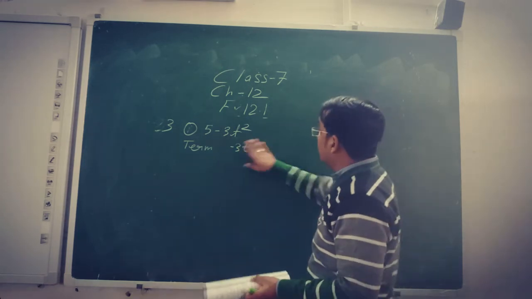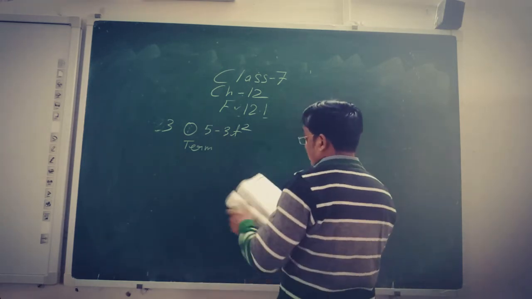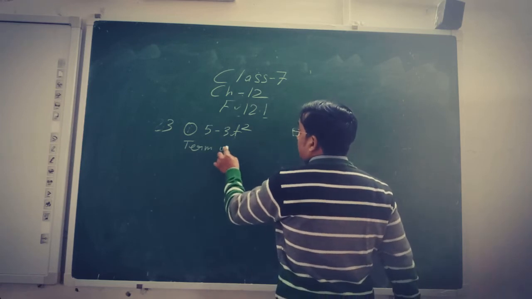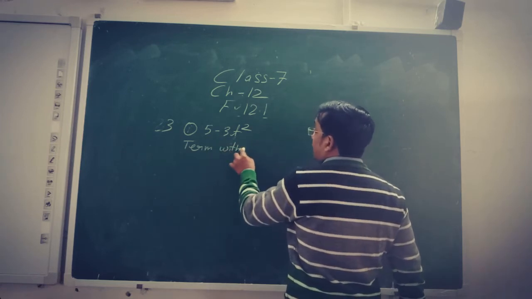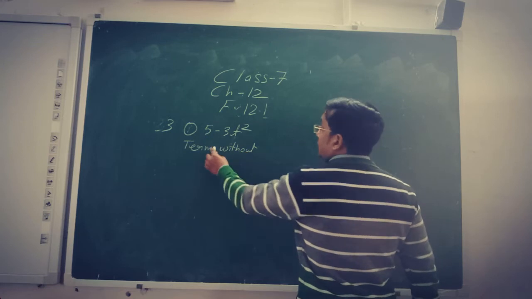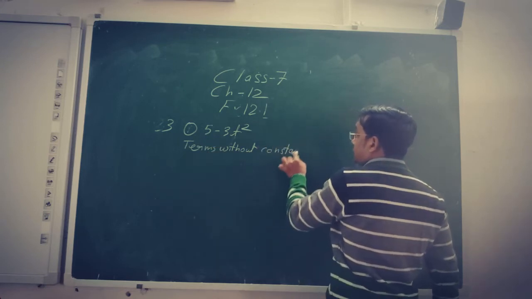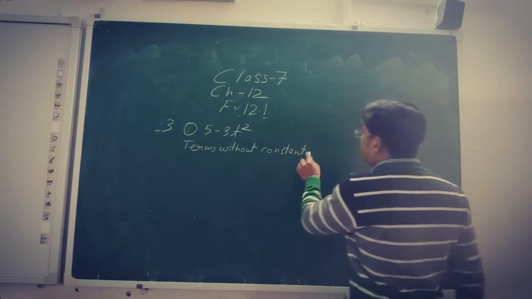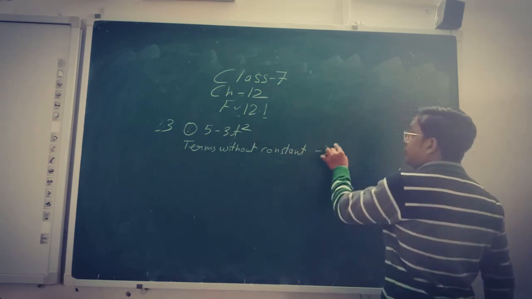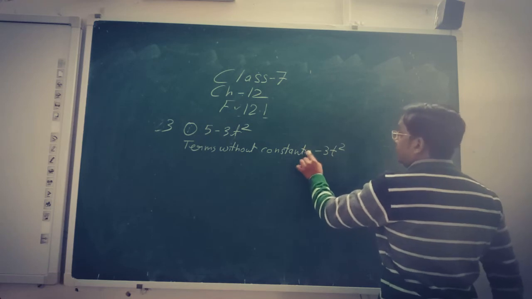You can say a term with constant also, terms without constant. Terms without constant is minus 3t square.